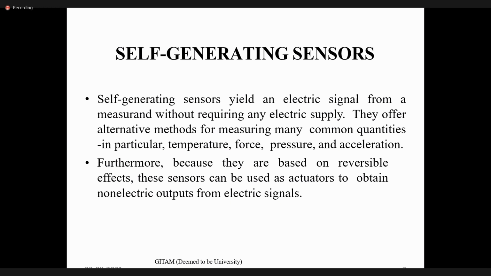What is a measurand? The parameter which the sensor is measuring is the measurand. If we are using a sensor to estimate pressure, then pressure will be the measurand. And if we are using a flow meter to estimate the flow rate, then the flow rate will be the measurand.